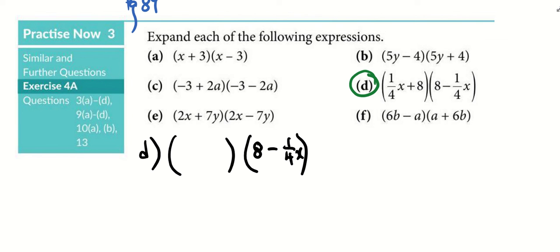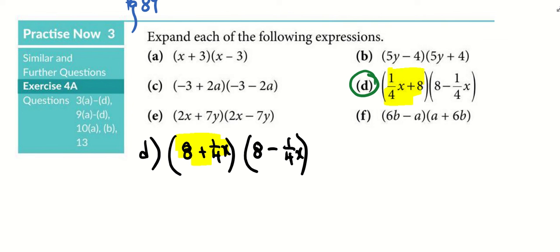But can I change the one for plus by swapping side? I can. So instead of writing 1/4 x plus 8, I can write 8 plus 1/4 x. Am I right?